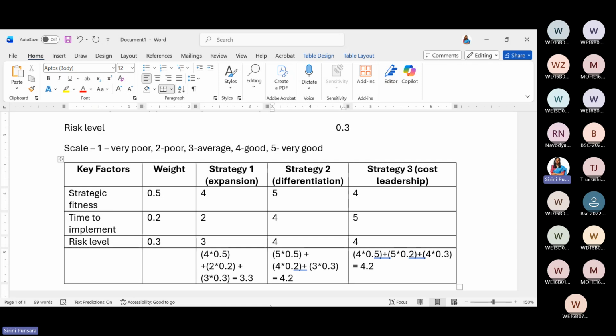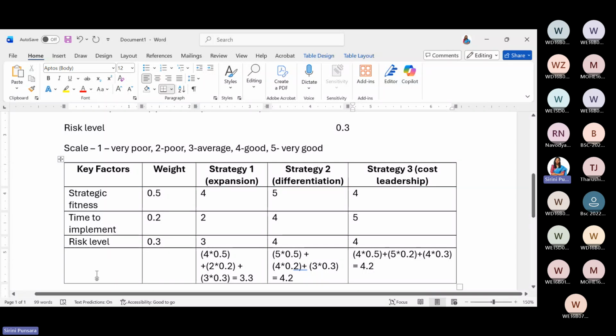If not, if there are 3 different values, for example, let's say this is 4.8, then strategy 3 is the one with the highest value, which means this is the most suitable strategy, this is the second most suitable, and this is the third. So we can give rank first to this one, second to this one, third to this one, likewise. So that's what we will be doing in the ranking method.